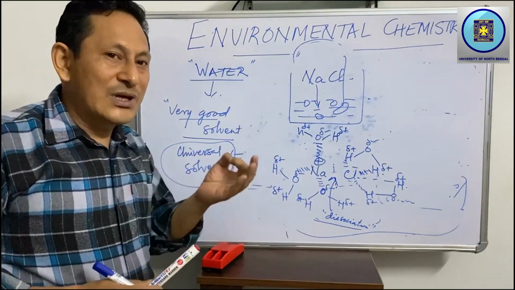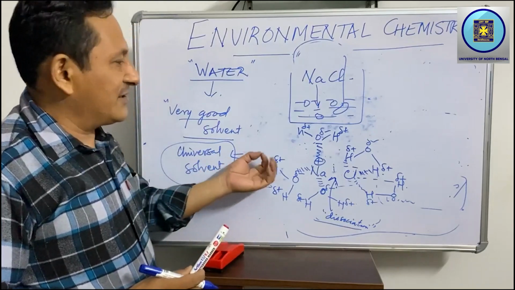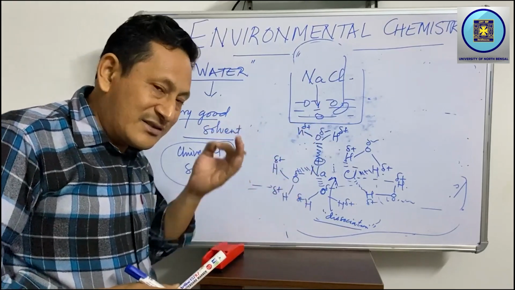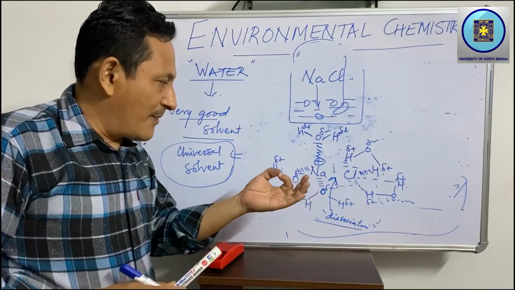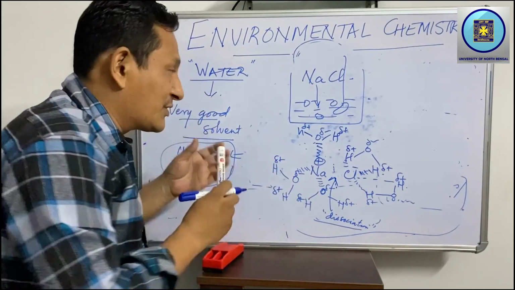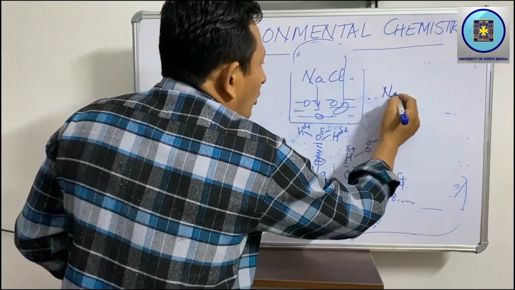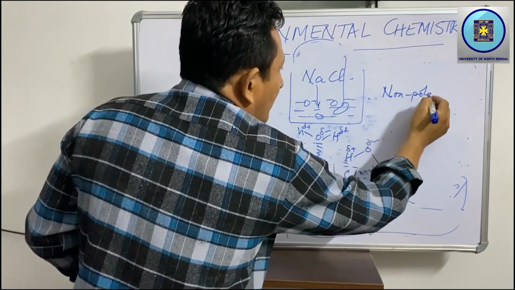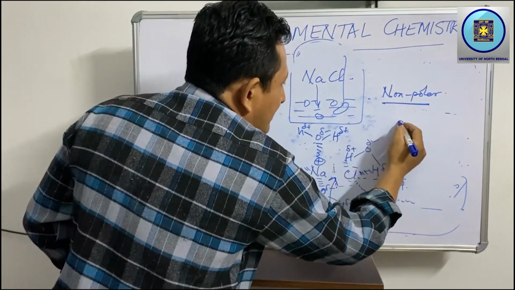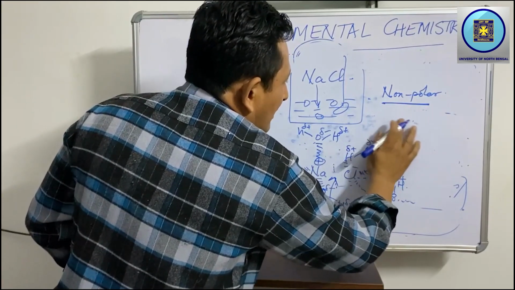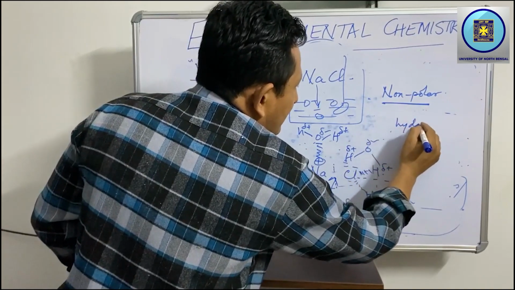You also need to understand that, despite the fact that it can dissolve most substances, there are still molecules and compounds which it is not able to dissolve, like non-polar molecules, non-ionic molecules, and some hydroxides.